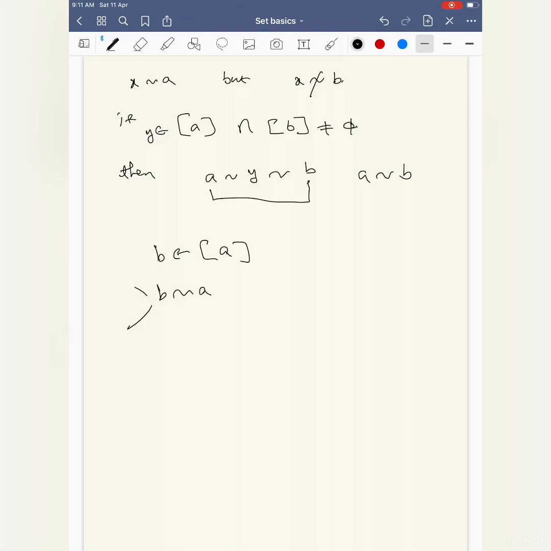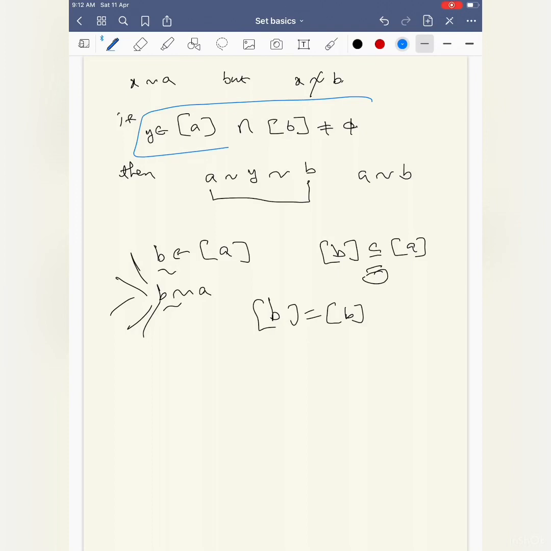Since b is related to a, all relatives of b are also related to a, so the whole class is in a. Vice versa, a is related to b, so every relative of a is related to b, and this containment holds. So class a equals class b when the intersection is not empty.